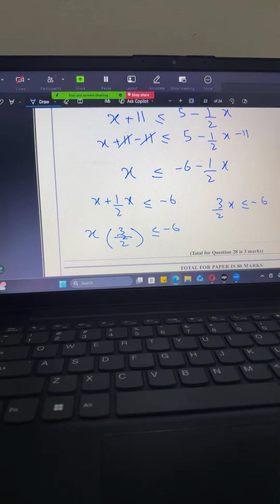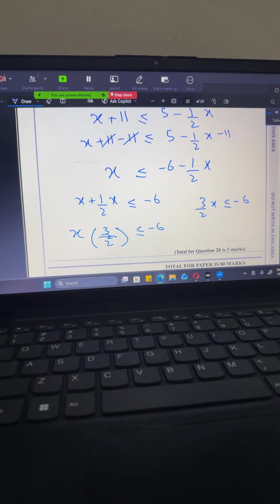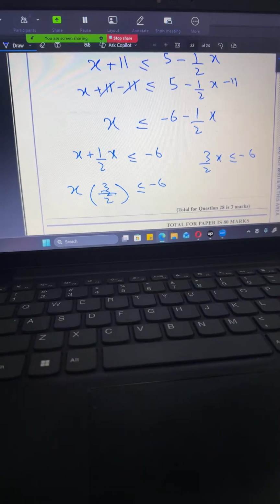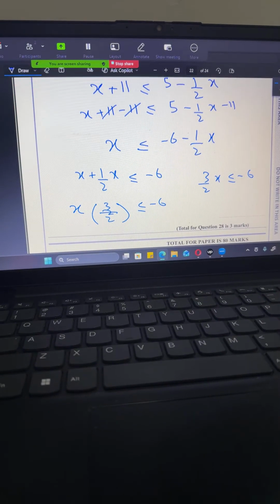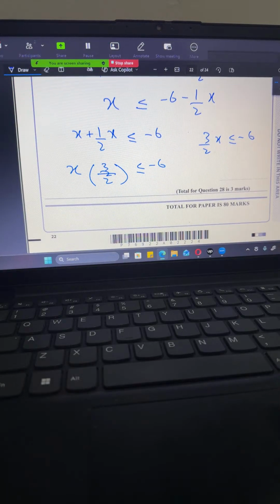We have done similar questions previously. Multiply it by 2 on both sides. The 2 and 2 will cancel out, right? We are left with 3x is less than or equal to -12, right?